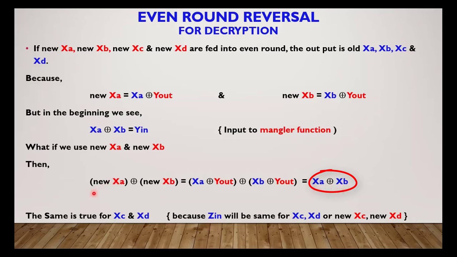This is how we applied the inputs to the Mangler function as new XA, new XB, and ultimately you will get the old XA and old XB for the same Y in. Similarly you can do the same for XC and XD. By applying new XC and new XD, you will get the old XC and XD, because Z in will be the same for XC and XD, and it is again the same for the new XC and XD.